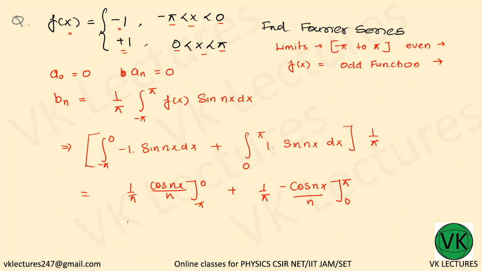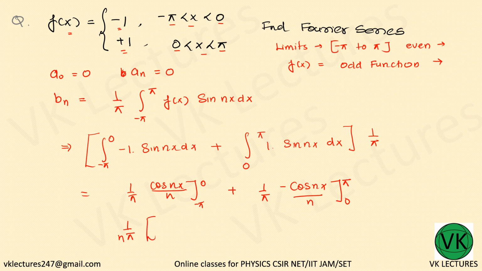So 1 by pi into, let's take n also out, 1 by n pi cos n pi. So cos is an even function, so cos of minus n pi is minus 1 whole to the power n.